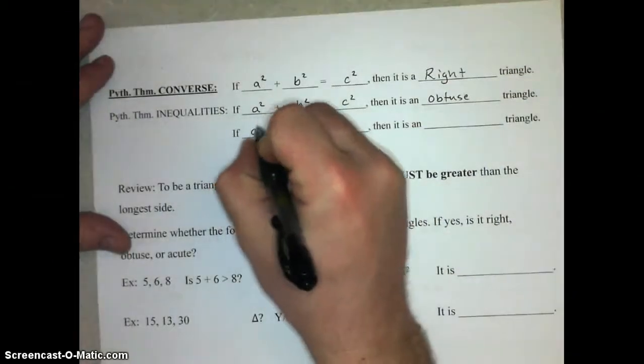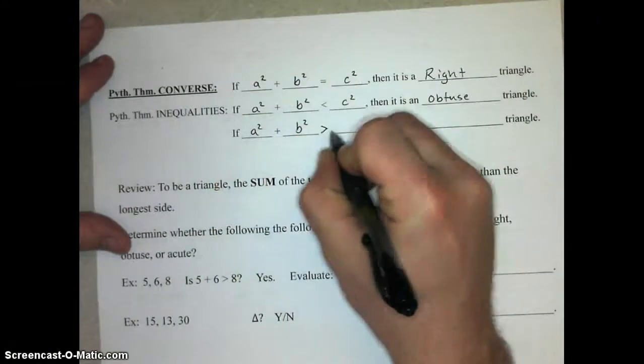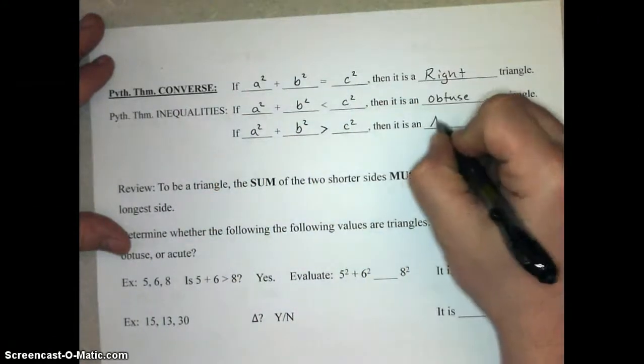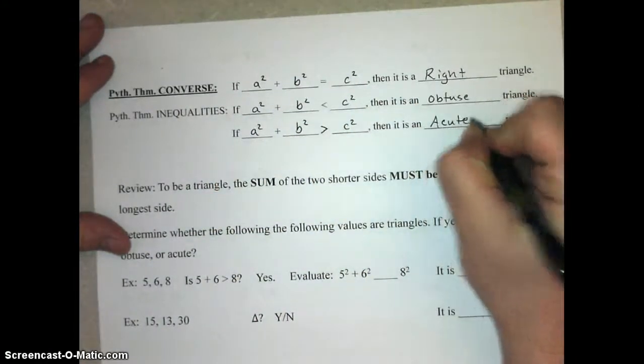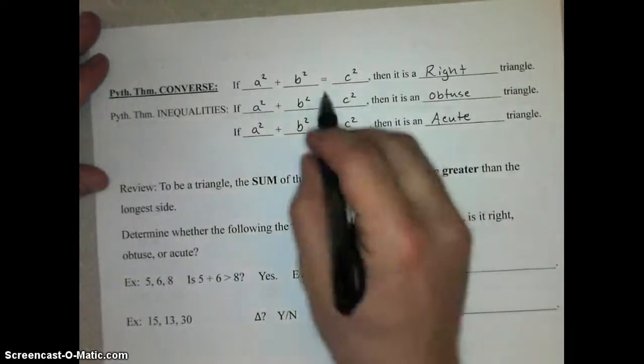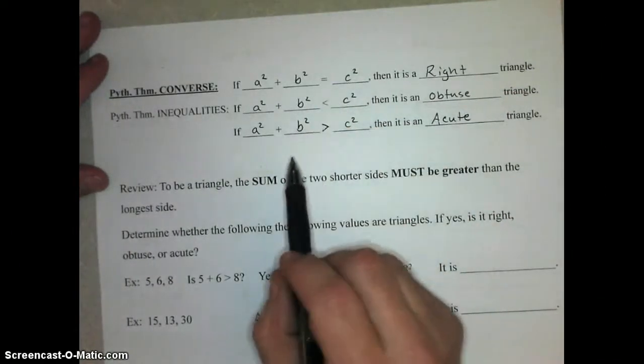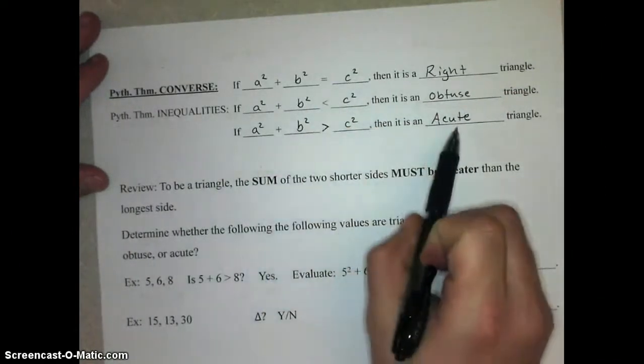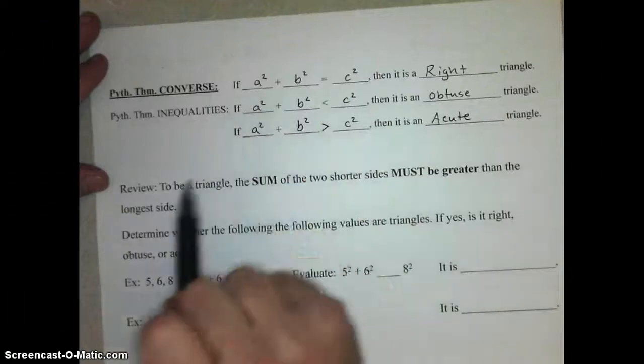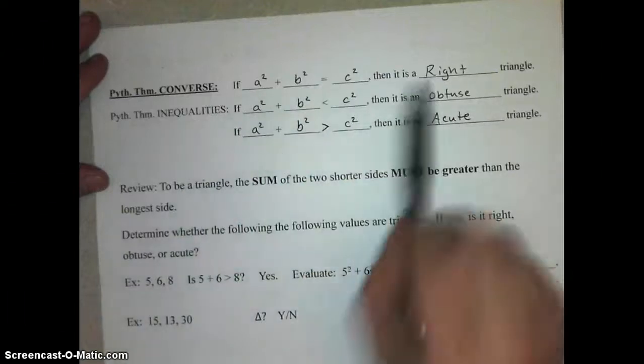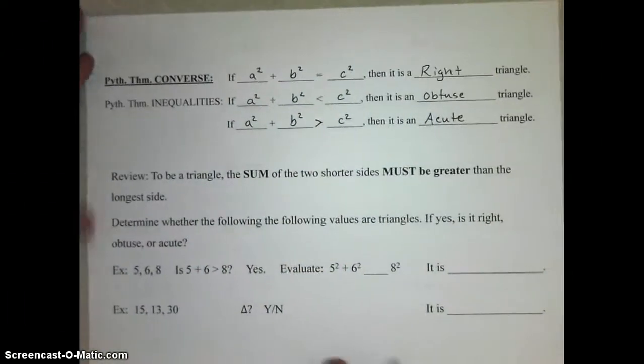Whereas if a squared plus b squared is greater than c squared, it is an acute triangle. So we can use these two inequalities to figure out if a triangle is either obtuse or acute, and then we can use the Pythagorean theorem itself, the equation, to see if it is a right triangle.